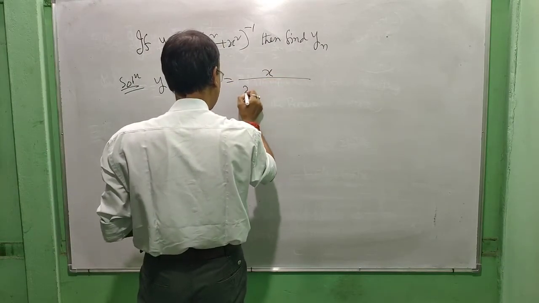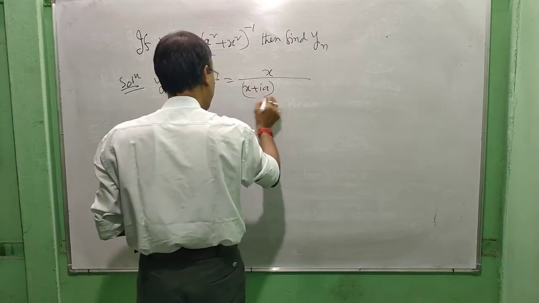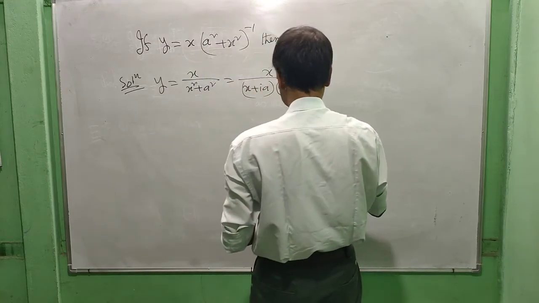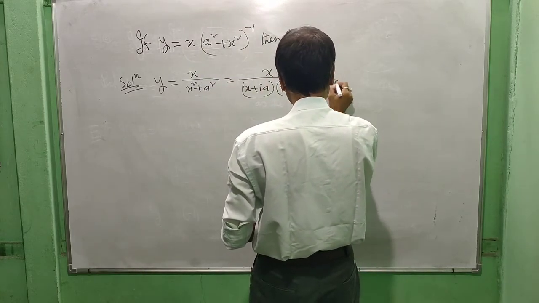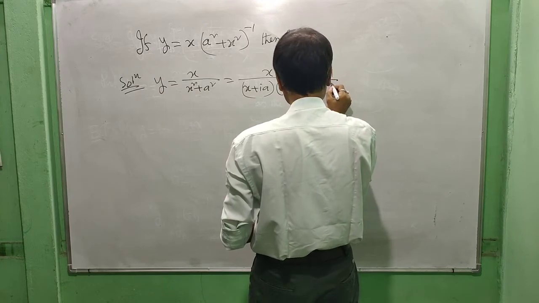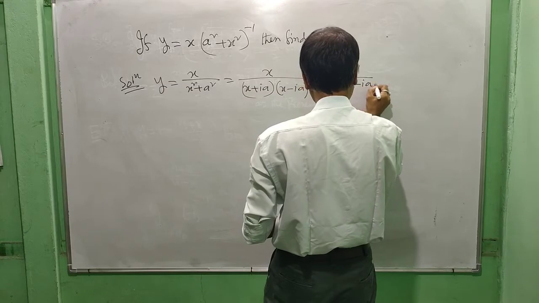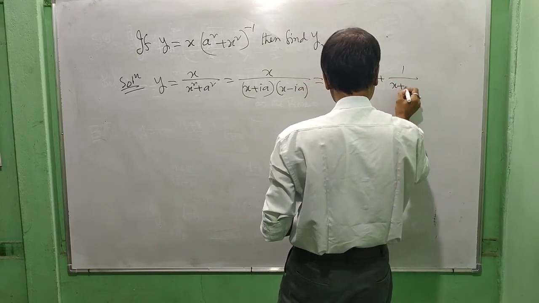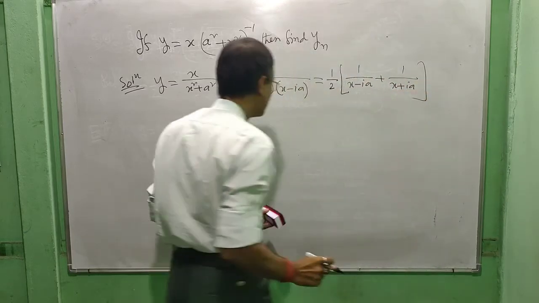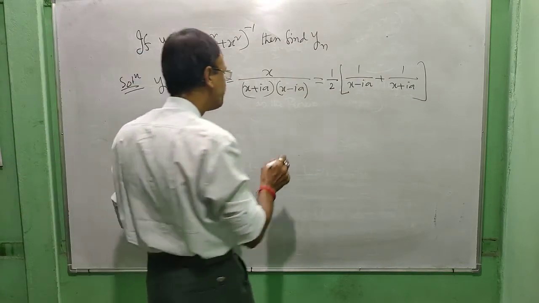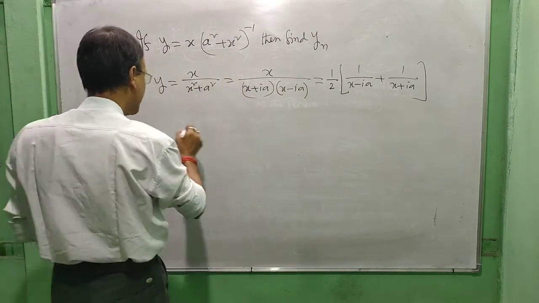This is equal to 1 divided by (x plus ia) into (x minus ia). This is equal to 1 by 2ia, and so on.